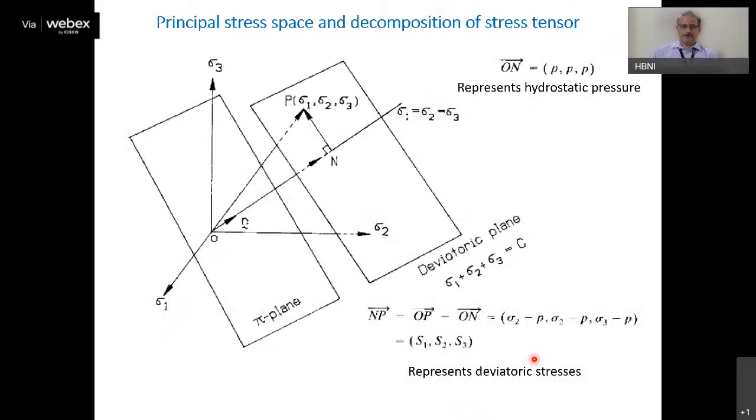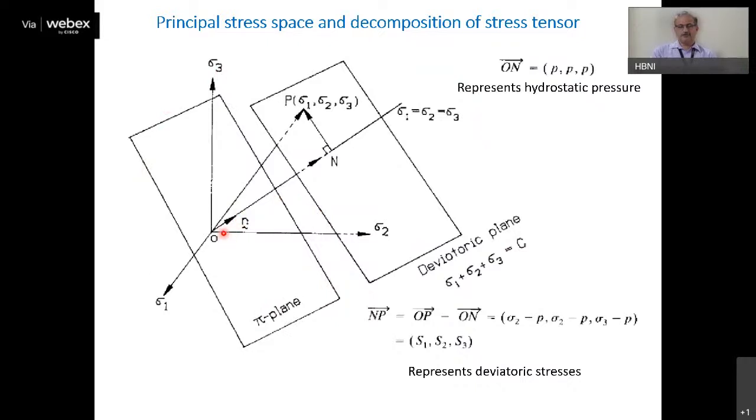Now we need to define one principal stress space, because we have resolved our stress state into three normal stress components, the principal stress components. So we can define a space defined by these principal stress components, and any stress state will be a point in this principal stress space.